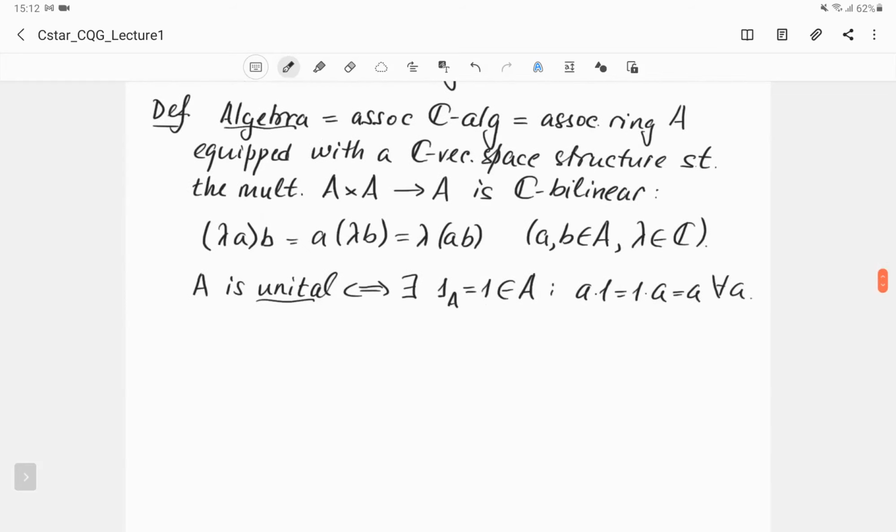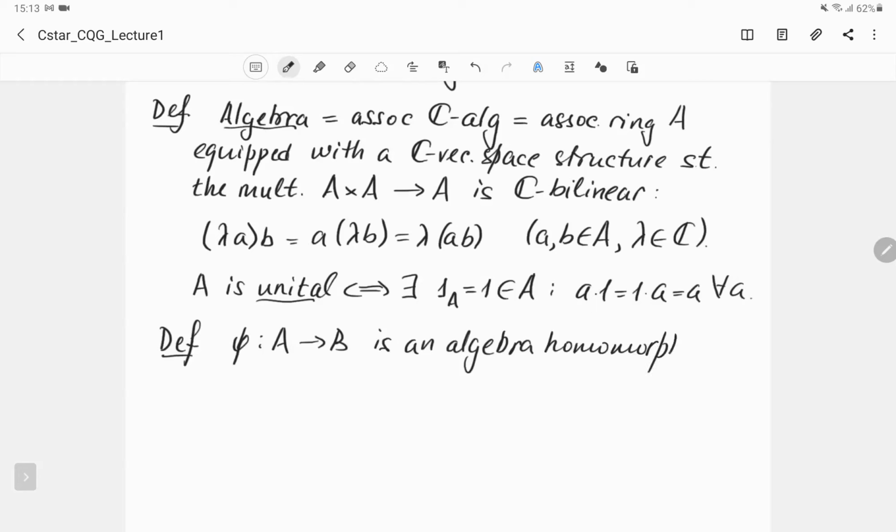If we have two algebras A and B, then a map phi from A to B is an algebra homomorphism if it is a ring homomorphism and if it is linear over the complex numbers.